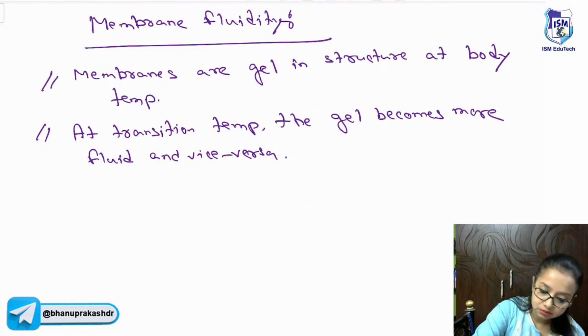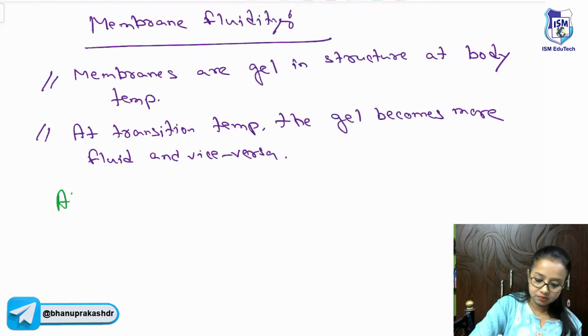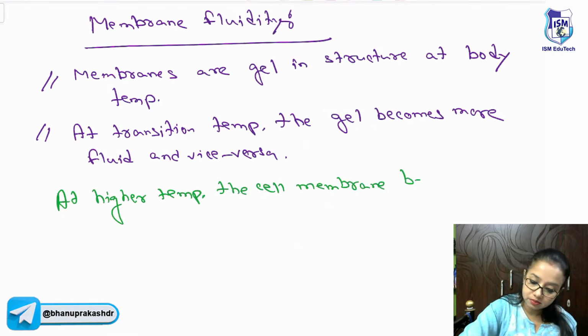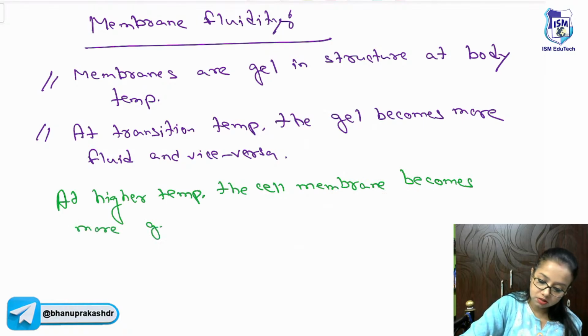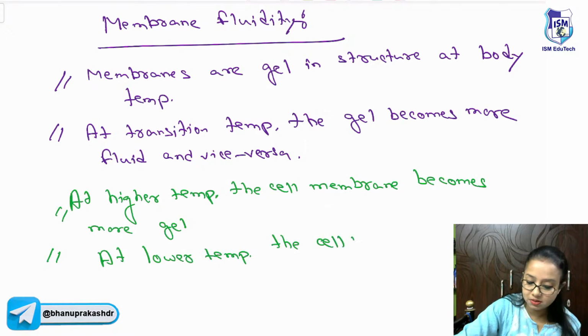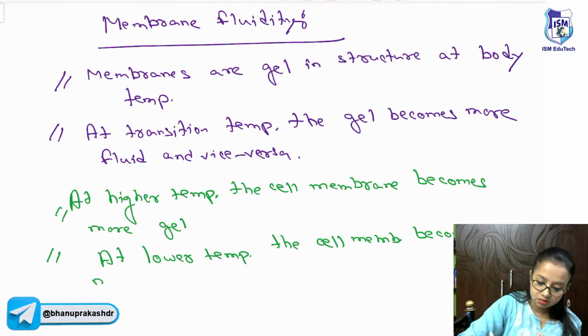So, it is seen that at higher temperature, the cell membrane becomes more gel, and at lower temperature, the cell membrane becomes more liquid.